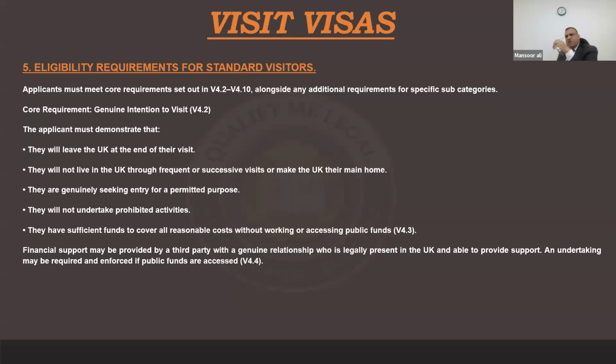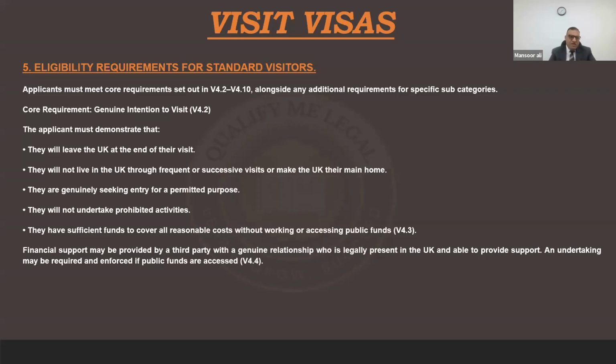As far as intention is concerned, intention is a subjective criterion. Obviously, you cannot foresee the intention of someone through your naked eyes. There are some criteria to establish intention.